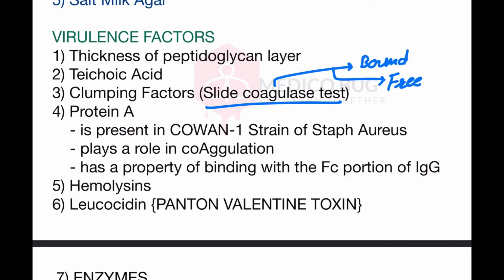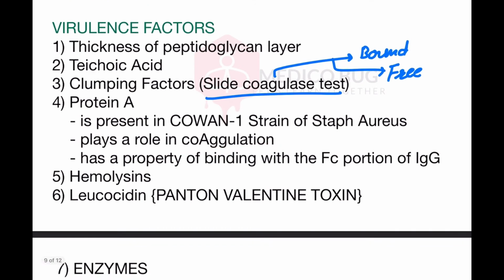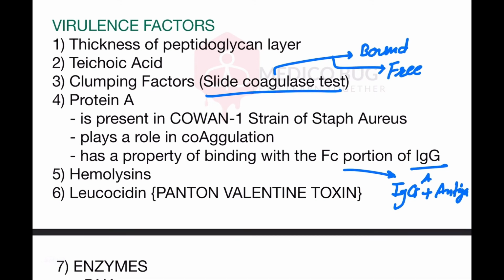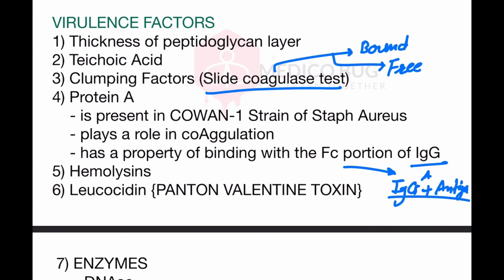So we use it for some coagulase tests, where we use any kind of IgG from outside, and this IgG is already bound with protein A. So if we do the reaction of IgG plus antigen, we can identify this bacteria easily. If we have strong suspicion that the bacteria has protein A, then yes, we can do this test also.